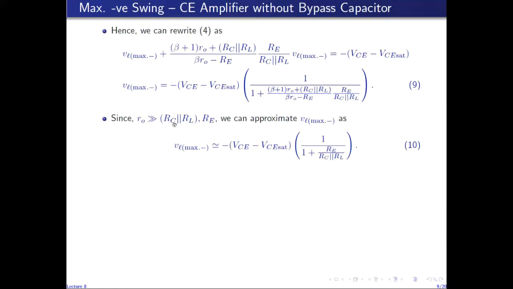This can be simplified by making use of reasonable approximations, such as we can assume that small r0 is much greater than this parallel combination of RC and RL, and RE as well. If we use this approximation, then beta R0 minus RE in the denominator can be approximated with beta R0, and in the numerator beta plus 1 R0 plus this parallel combination can be approximated with beta plus 1 R0.